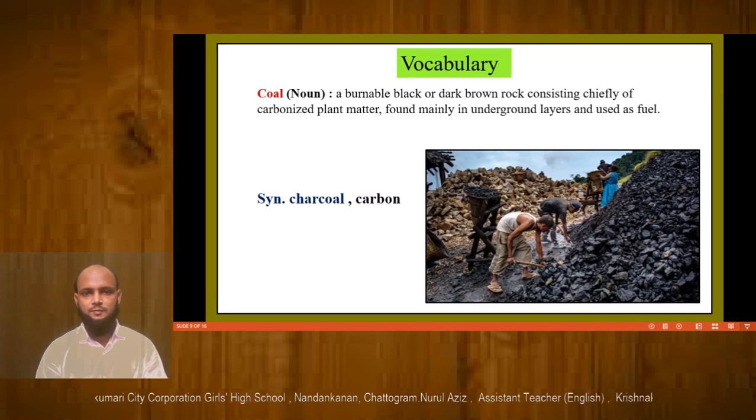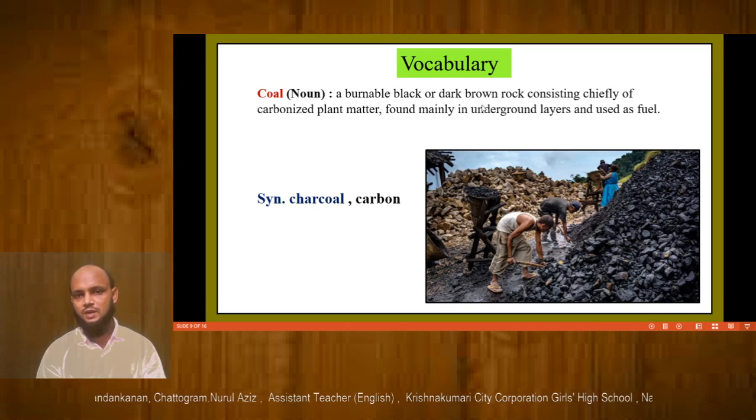In vocabulary number 3, you see a picture. People are gathering coal. This is coal, and this is a noun. It is a burnable black or dark brown rock consisting chiefly of carbonized plant matter found mainly in underground layers, used as fuel. This is synonymous with charcoal and carbon.